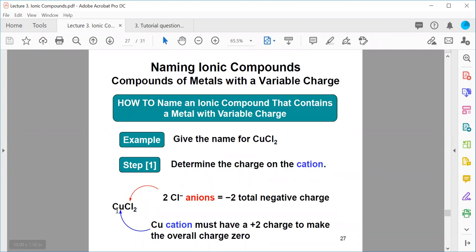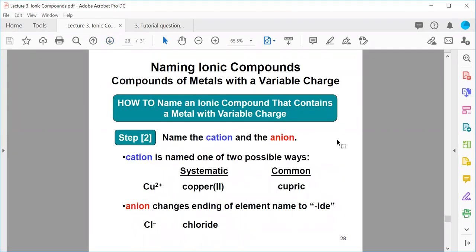How do we know what charge that's forming? Well, in this case, it's pretty easy because we know that a single chlorine will form a negative charge. There are two of those present in this compound for a total of a two negative charge, which means that this copper cation must have a +2 charge to make the overall charge 0.